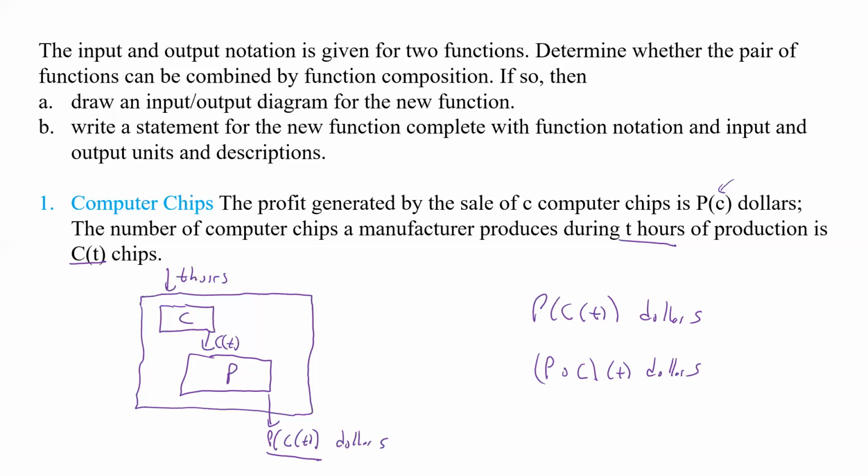That's not going to be an issue either way. And so that one does work as far as inputting it into C, taking that C, inputting it into P, and then our output is P of C of T.